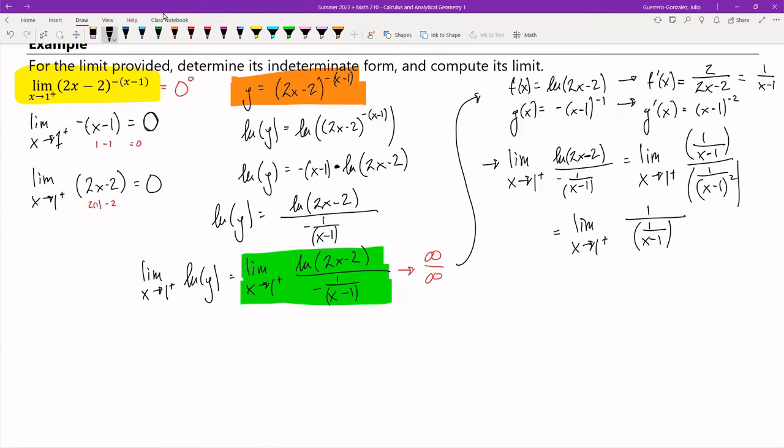And this now becomes the limit as x approaches 1 from the positive of x minus 1. And now notice we can just go ahead and plug in our limiting factor, our 1 from the positive side, right? And this becomes 0. So here we are.